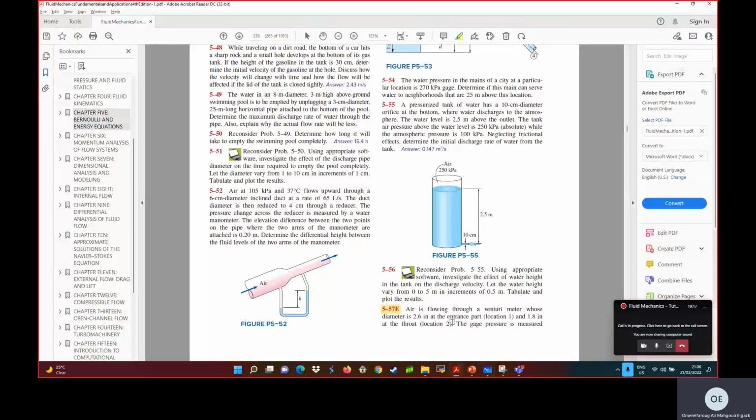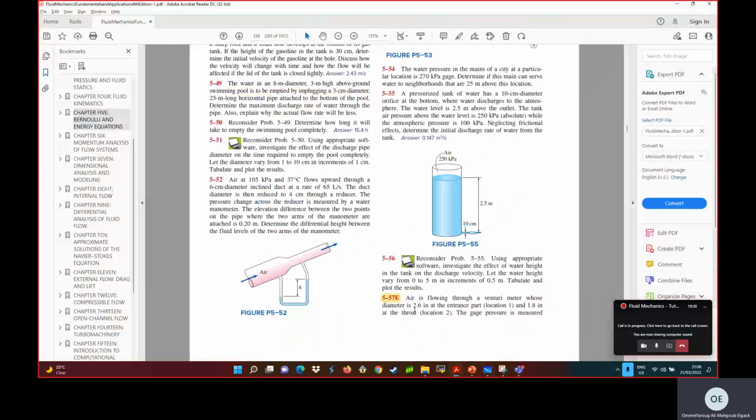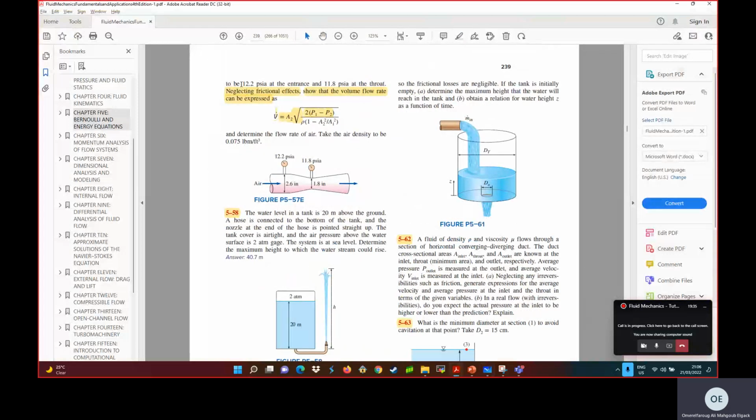You have the diameter at 1, the diameter at 2, and you are given the pressure. So, here you cannot apply it directly because you cannot find the velocity here. You need to find the volumetric flow rate first.